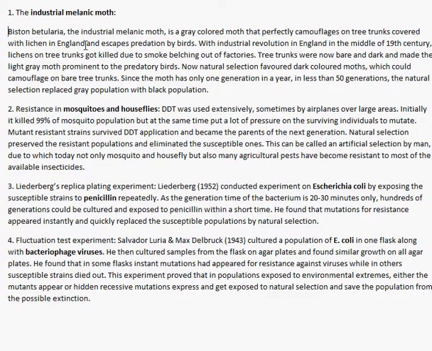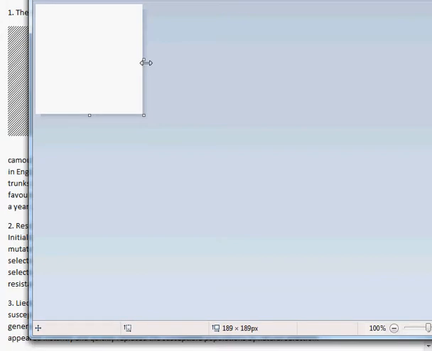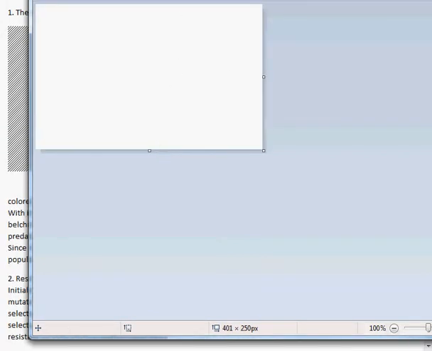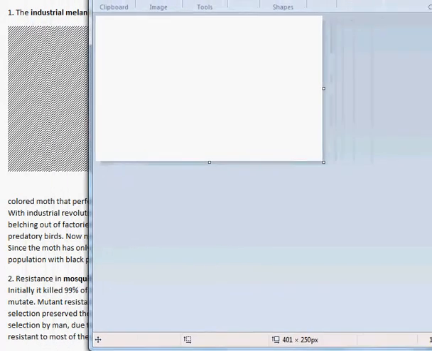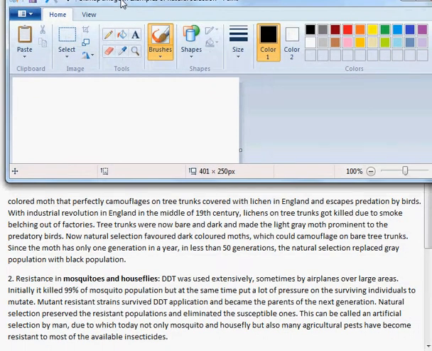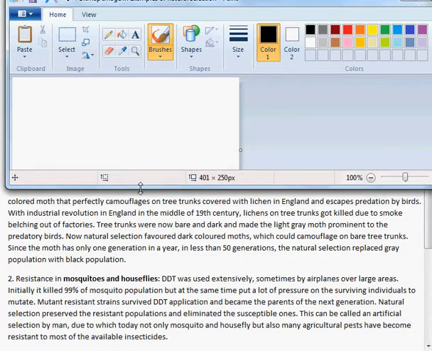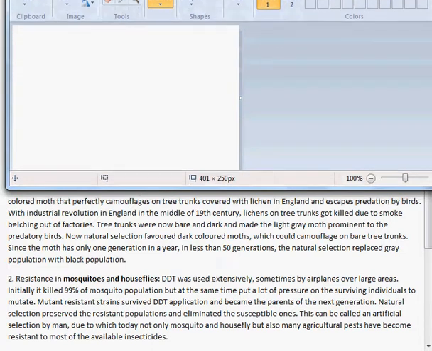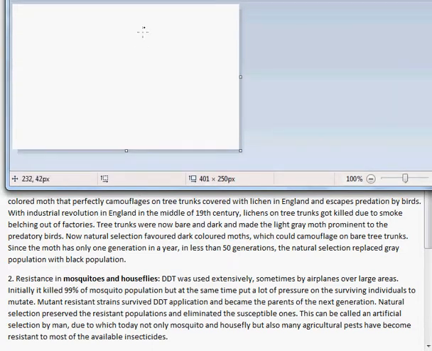Earlier in England, there were these plants, right? Maybe I need a drawing. Okay, there were these plants in England, colored moths, they're perfectly camouflaged.